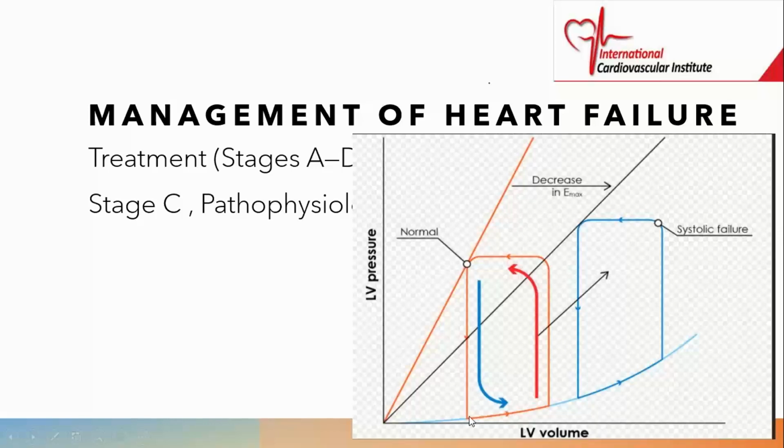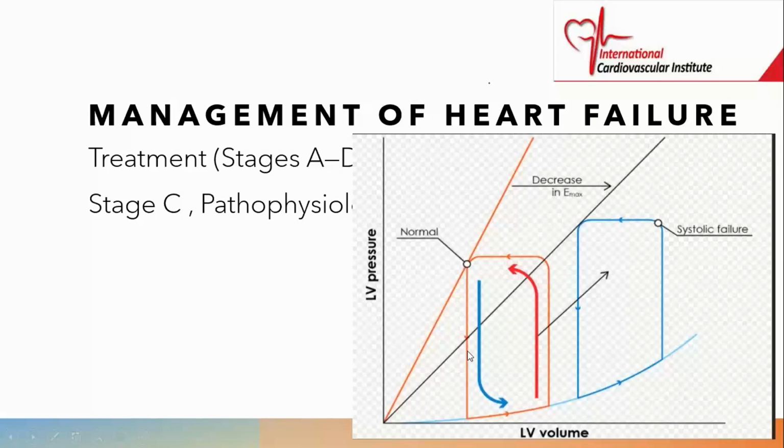The mitral valve opens, LV fills with blood, mitral valve closes, your isovolumic contraction time, the aortic valve opens, blood is ejected, the aortic valve closes, isovolumic relaxation, and then the mitral valve opens.